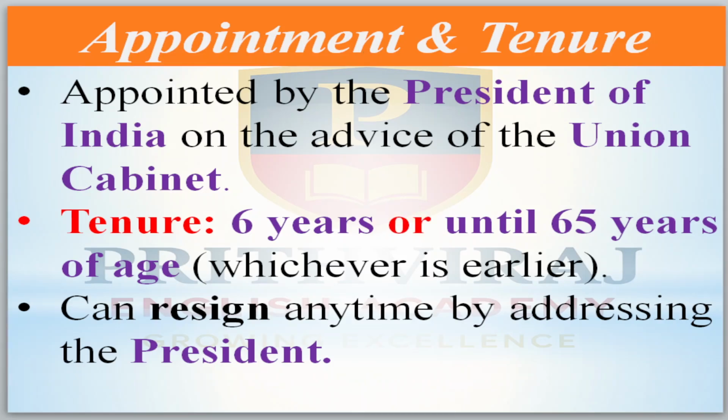If 6 years are completed first, they retire accordingly. If they reach 65 before 6 years, they retire from their post. They can also resign before that, and the resignation letter should be submitted to the President. Okay, this is about their appointment and tenure.